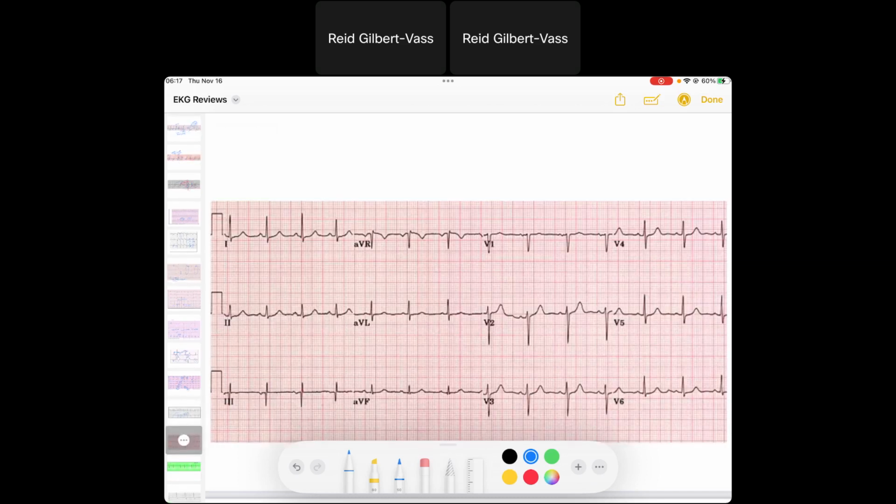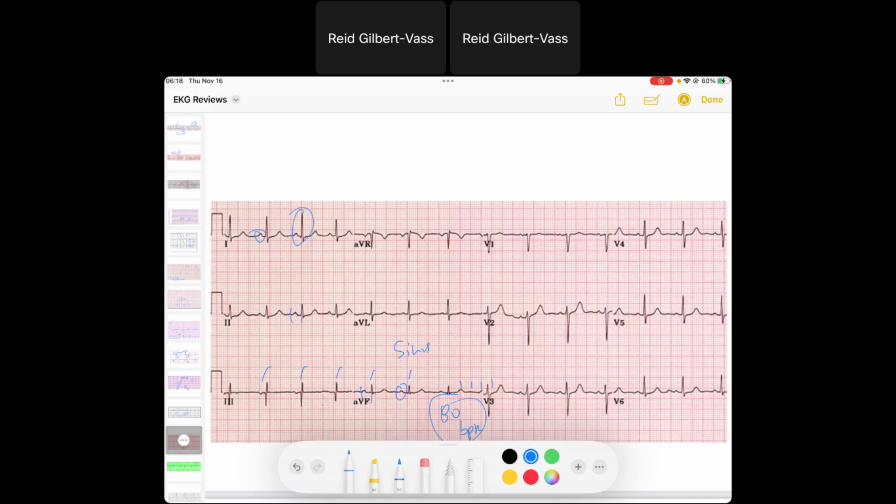Okay. Here we've got a regular rhythm. We've got a rate of 300, 150, 100, 75, so maybe 80 beats per minute. And so we've got P waves that are upright in one, upright in AVF. So this is a sinus rhythm. We've got normal PR intervals.